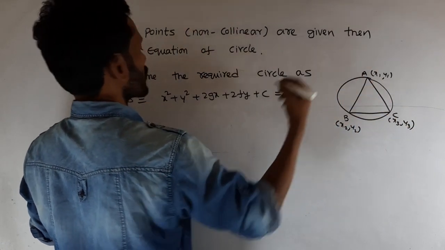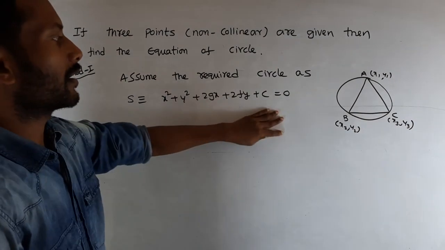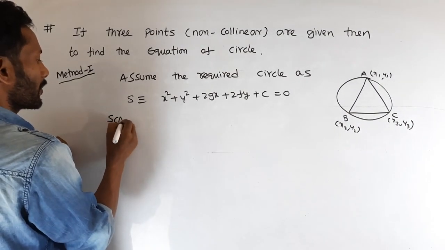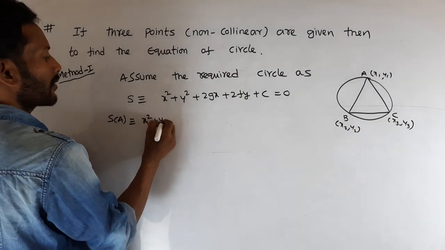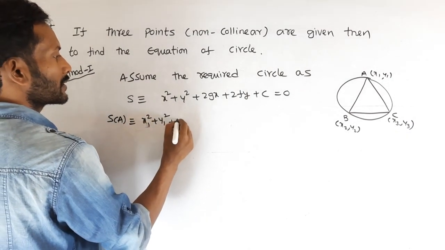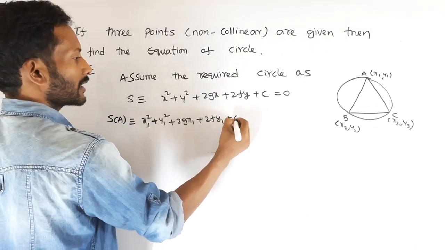Now substitute the 3 points A, B, C in this circle equation. So S of A is x1 square plus y1 square plus 2gx1 plus 2fy1 plus c equal to 0.